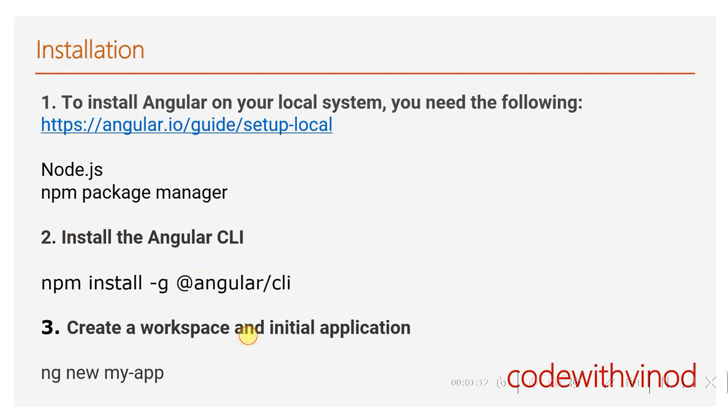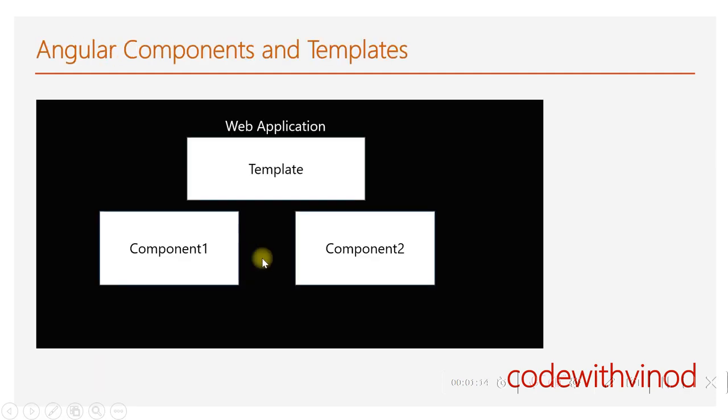So let's come to our PowerShell. We will first check our Node.js, so node hyphen version. Our node version is v18.16.